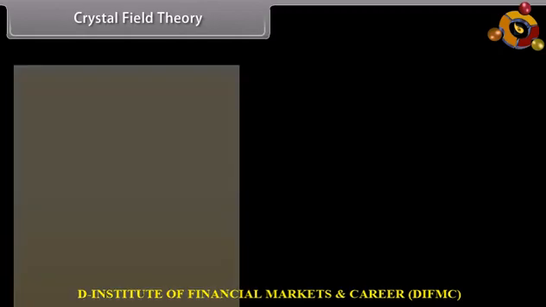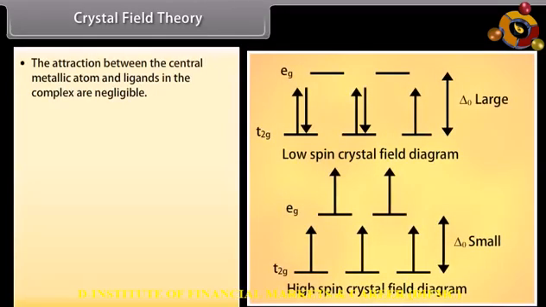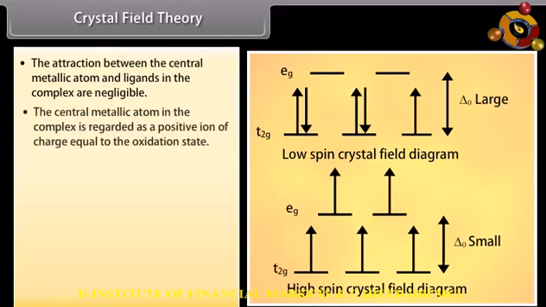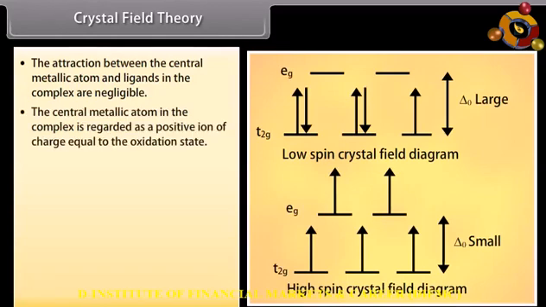Crystal field theory. The important points of the crystal field theory are following. The attraction between the central metal atom and ligands in the complex is purely electrostatic. The central metal atom in the complex is regarded as a positive ion of charge equal to the oxidation state.